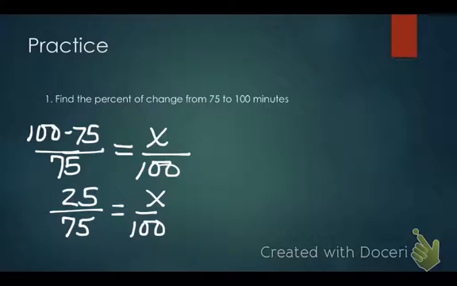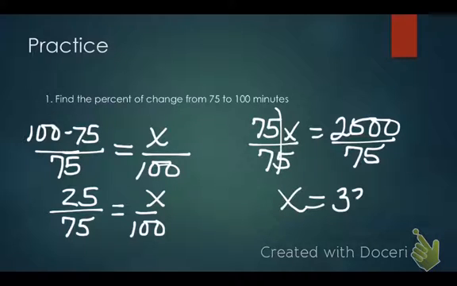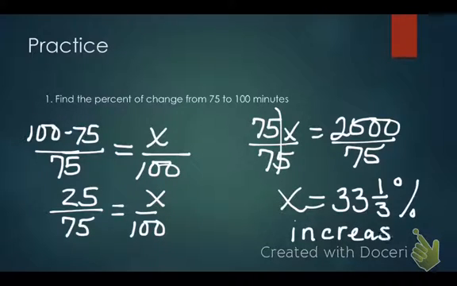Find your cross product equation, which would be 75x equals 2500. Divide each side by 75. And that gives me 33.3 repeating, so 33.33% increase, because it went up. Right?